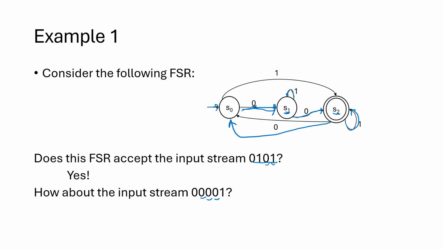So we are at S1 and we read the final symbol, which is a 1, and that means that we loop back into S1. And because after reading the entire input stream we ended up at S1, which is not an accepting state, it means that the machine rejects this input.